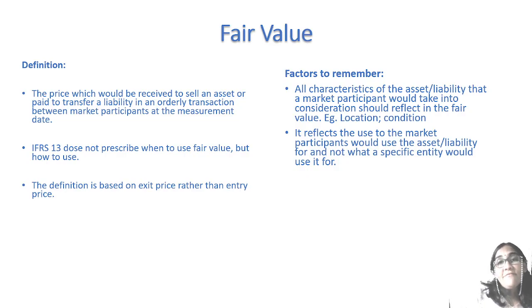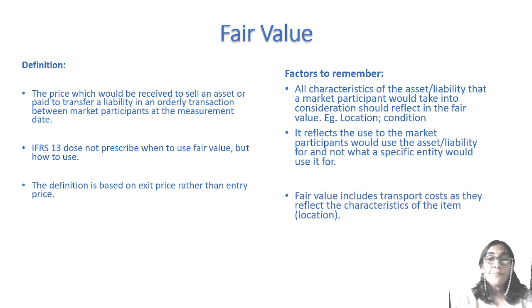Also, the fair value should reflect the use to the market participants and not one specific entity. It is the use to the general market participants in the active market that should be considered while doing the fair value measurement and not what one single entity would use it for.